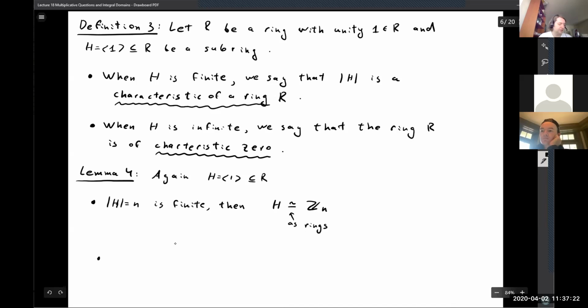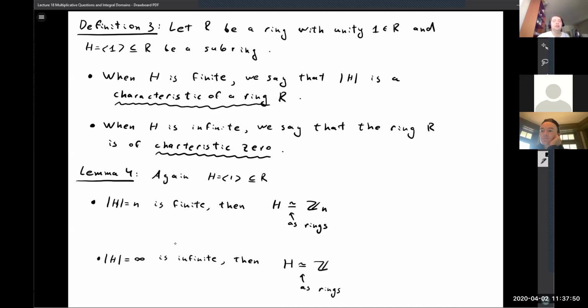And when the cardinality of H is infinite, then H must be isomorphic to the ring of integers as rings.